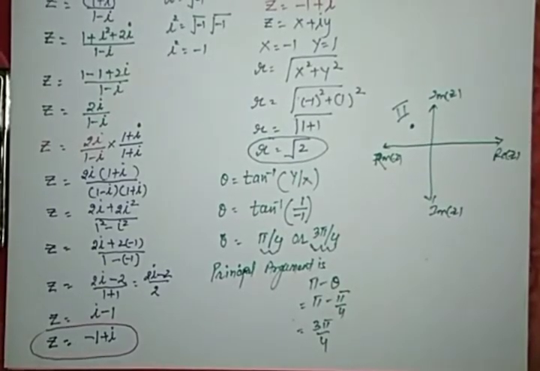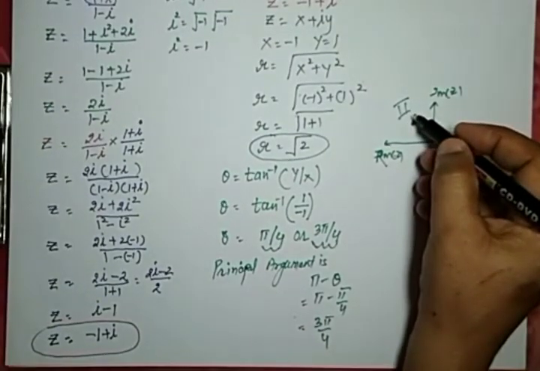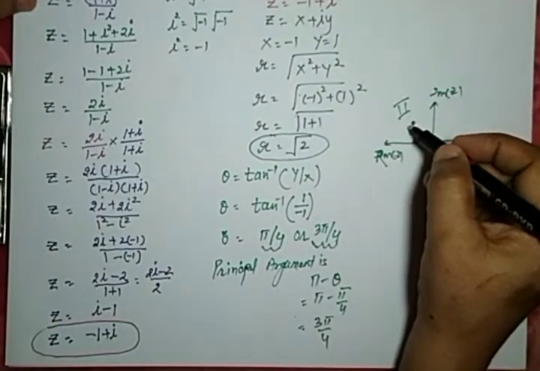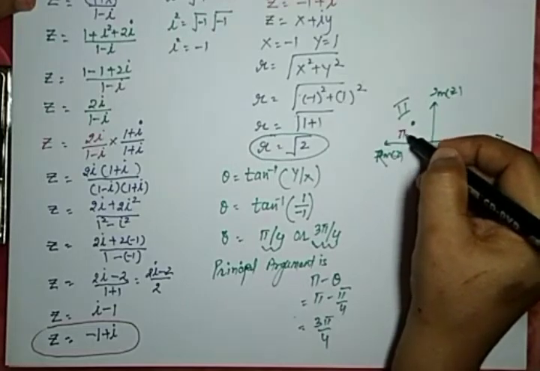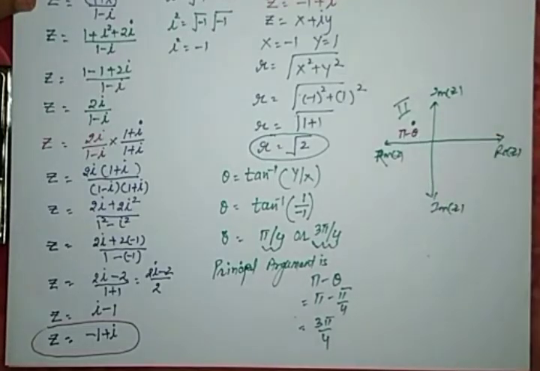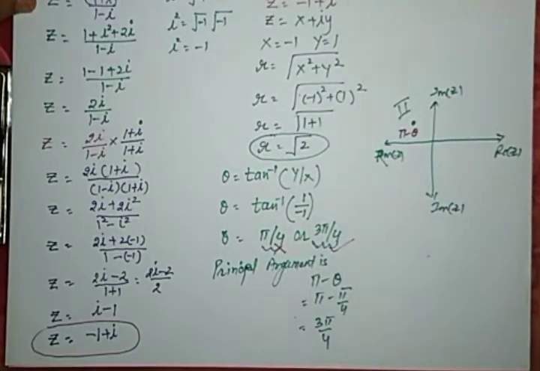because it is in the second quadrant, and we said that if the number is lying in the second quadrant of the Argand diagram, then the principal argument is given by pi minus theta. I am applying the same here. So I am going to reject pi by 4. I am going to select 3 pi by 4.